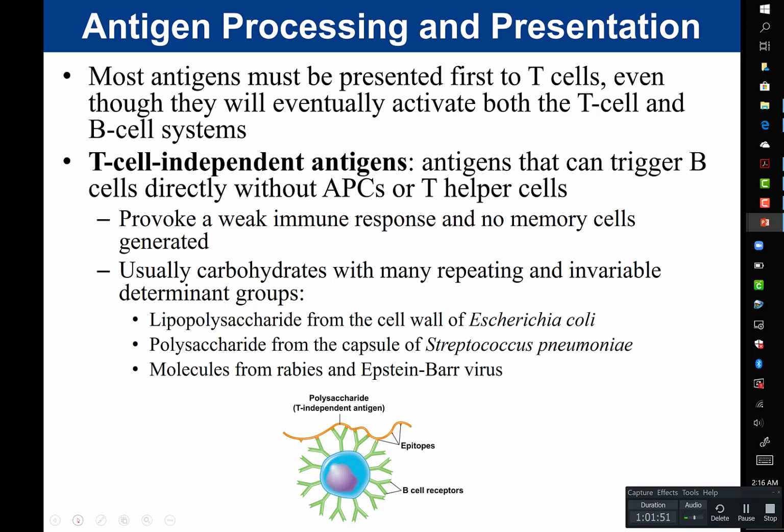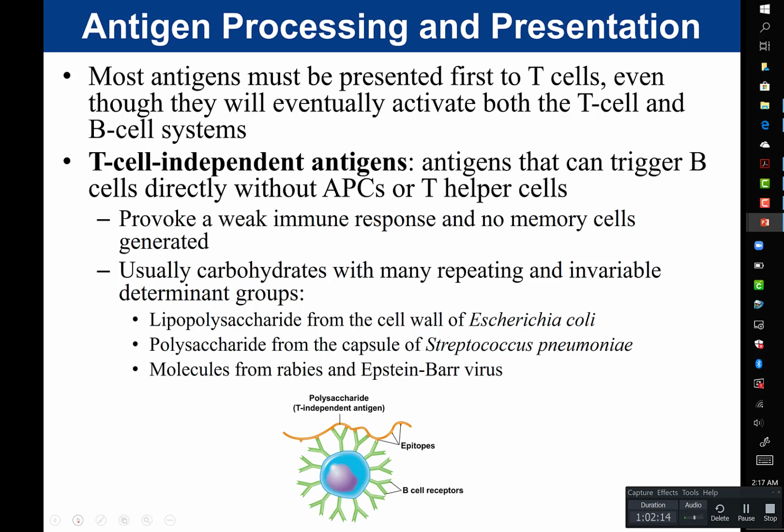T cell independent antigens don't cause memory. And so even if you were to detect coronavirus antibodies, that does not necessarily mean that you are immune to the coronavirus. That does not mean that you can't get COVID-19. You could.